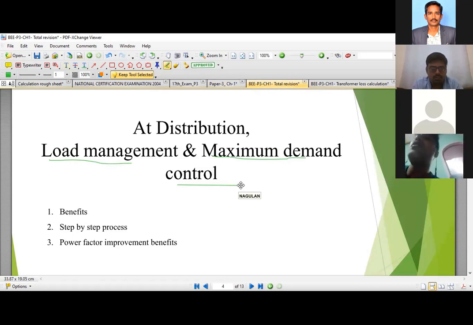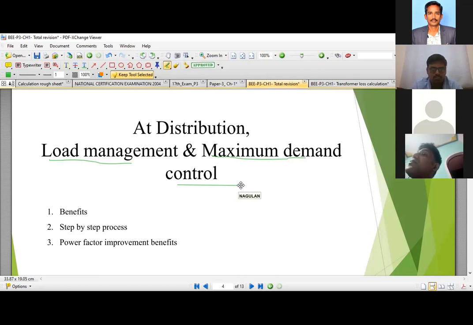Maintaining the same capacity and keeping the improved power factor constant. And maximum demand will reduce, and mainly they reduce the maximum demand charges, because load management shifts the load from peak hour to non-peak hour.